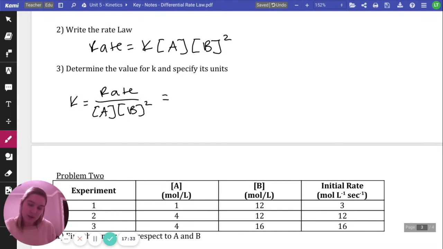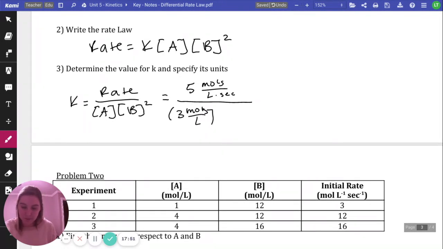So once again, I'm using the first one. So our rate is going to be 5 moles per liter times seconds over, and then our concentration of A for the first data set is 3 moles per liter. And then our concentration for B is going to be 2 moles per liter squared.